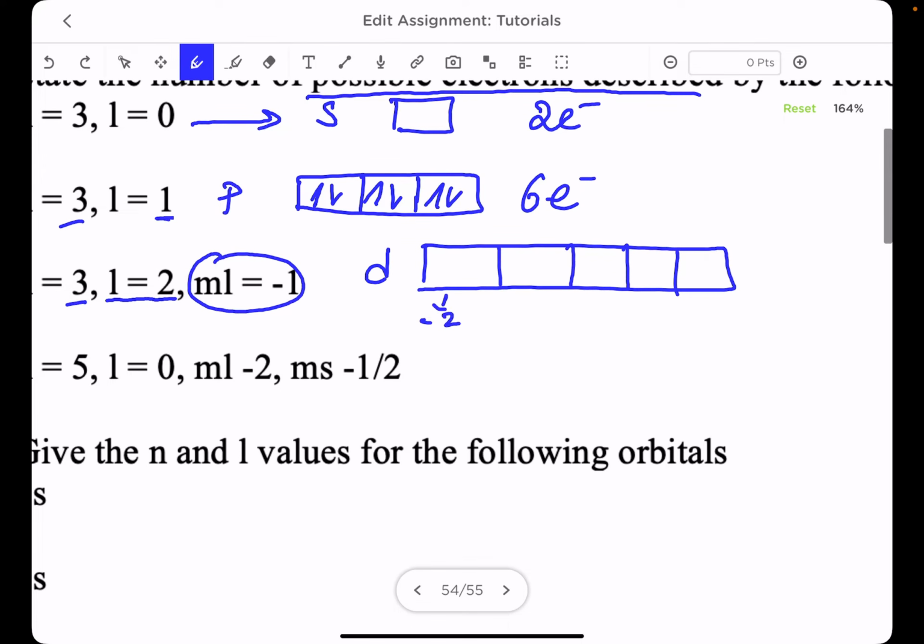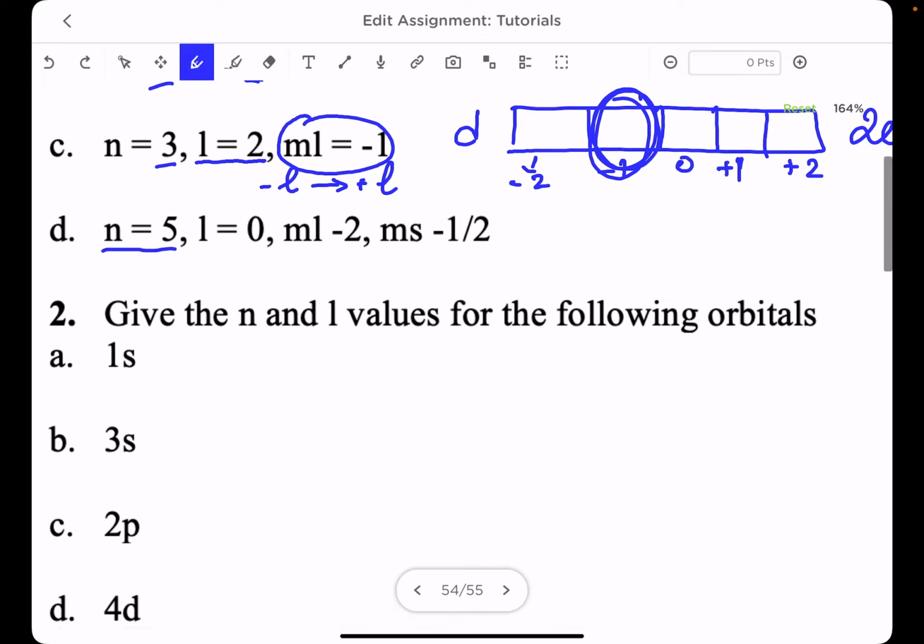This is the -2, this is the -1, this is the 0, this is the +1, and this is the +2, because as I told you, ML goes from -L to +L. So they're specifically talking about this box. How many electrons can I put in this box? Only 2. But if they did not mention the ML, I can put a total of 10 electrons in D.